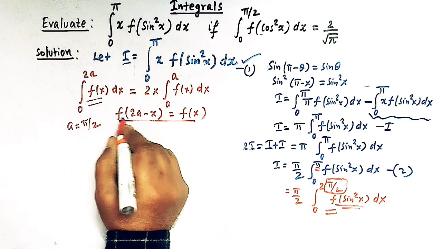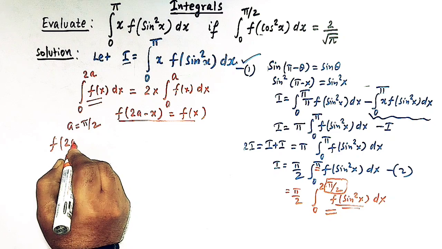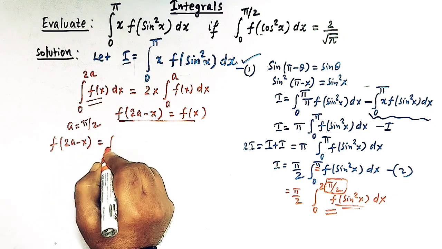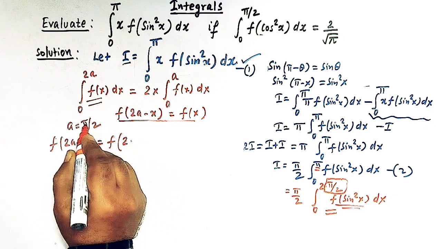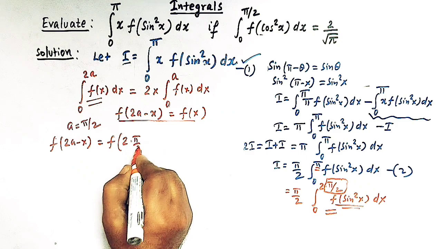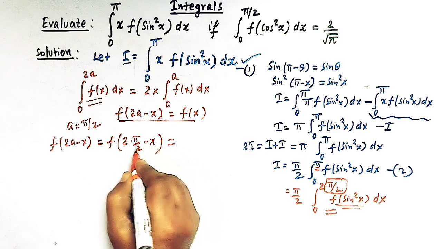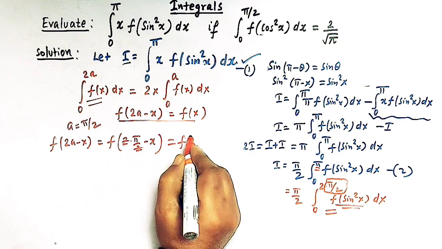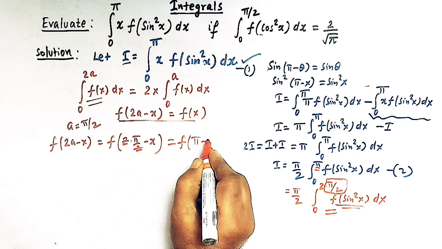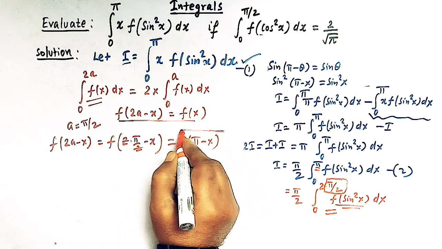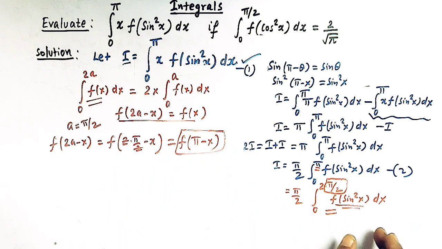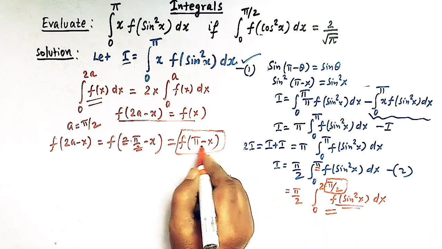So here f of 2a minus x is given by f of 2 times, here we have pi by 2 minus x, and this 2 and this 2 get cancelled, and we have f of pi minus x. And f of pi minus x can be obtained by replacing this x by pi minus x.